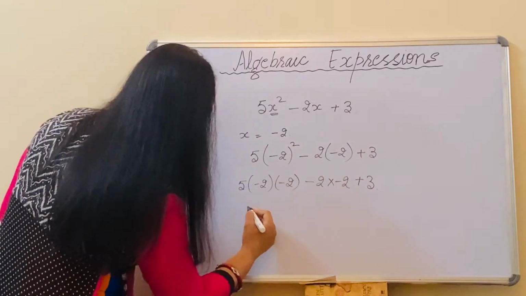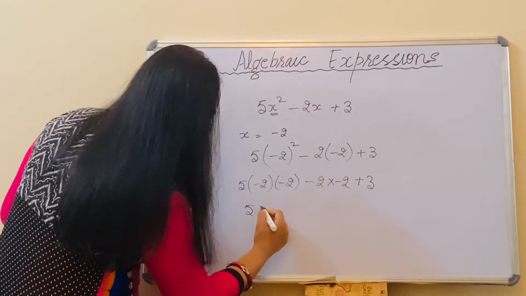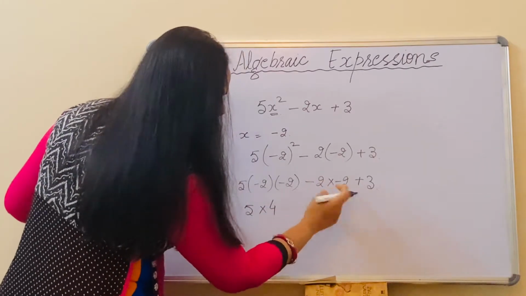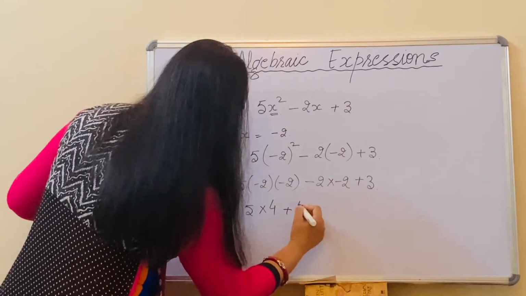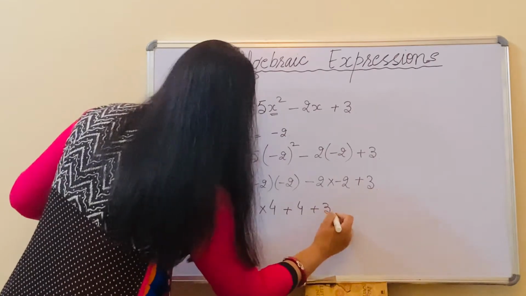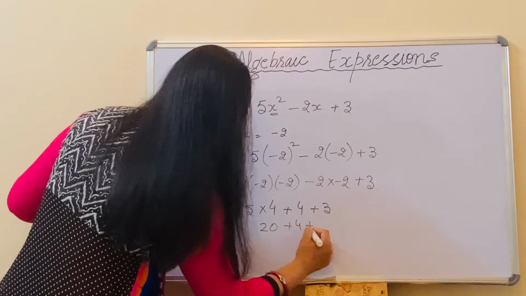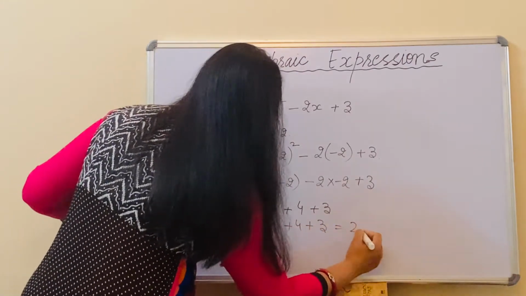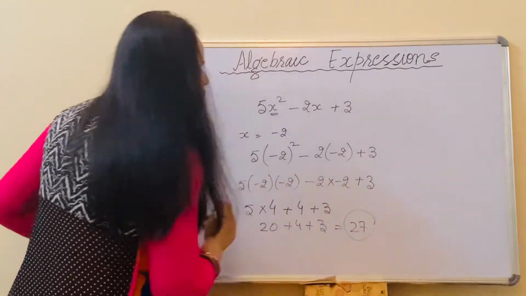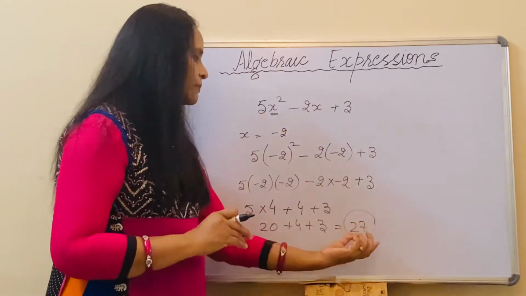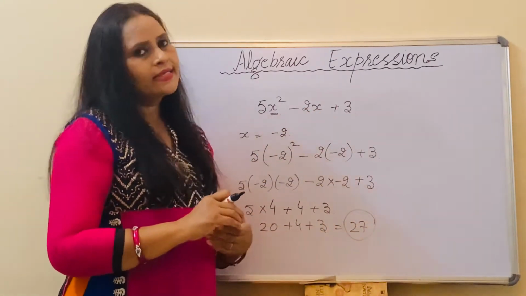Again the value becomes 5 into 4, minus minus again becomes plus, plus 4 plus 3. 5 4s are 20, 20 plus 4 plus 3. The value comes out to be 27. So the number value for this algebraic expression is 27.